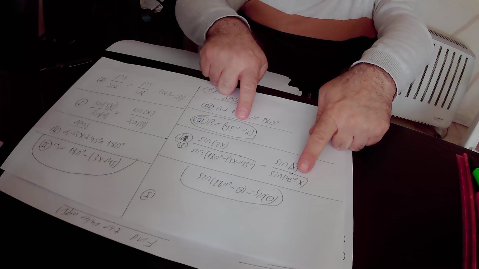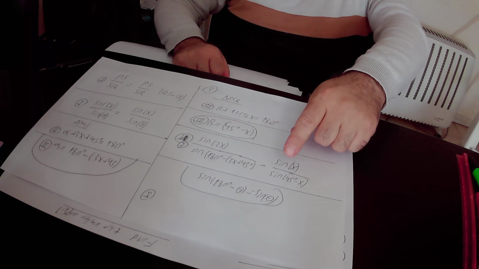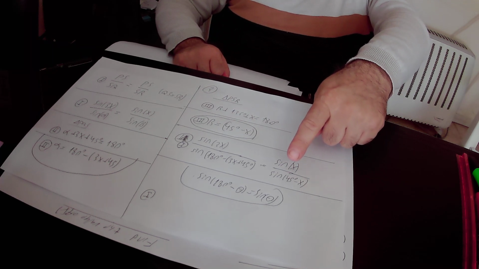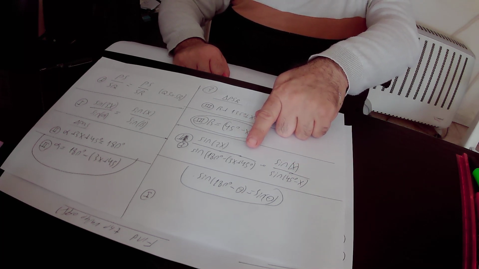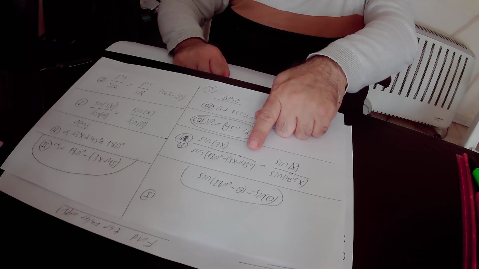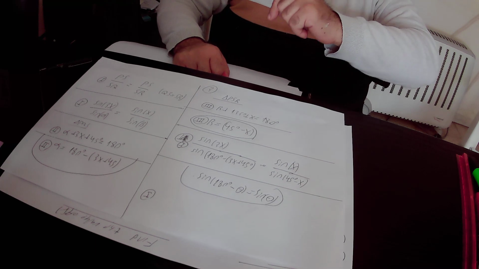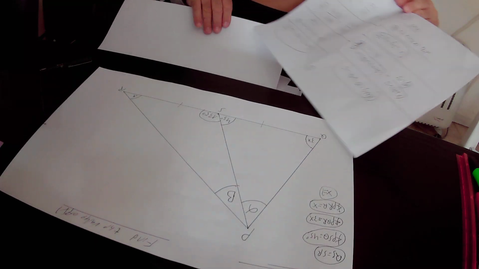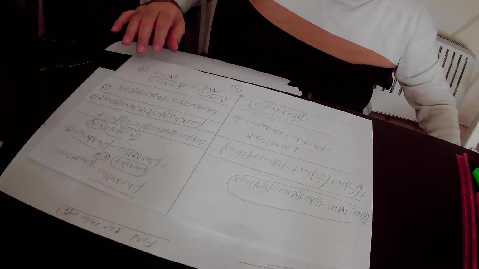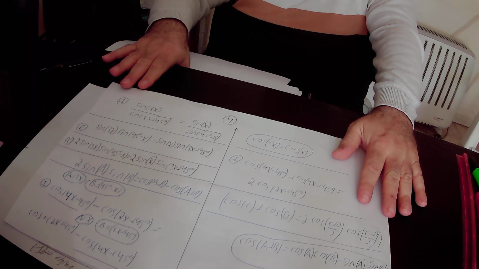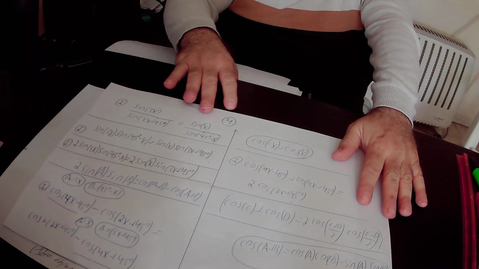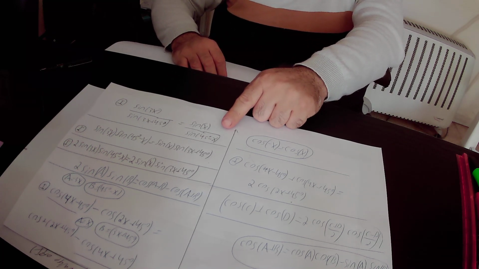We have the trigonometric identity that sine (180 degrees minus theta) equals sine theta, so we can substitute sine (180 degrees minus (3x plus 45 degrees)) by sine (3x plus 45 degrees). So we got that sine 3x over sine (3x plus 45 degrees) equals sine x over sine (45 degrees minus x).